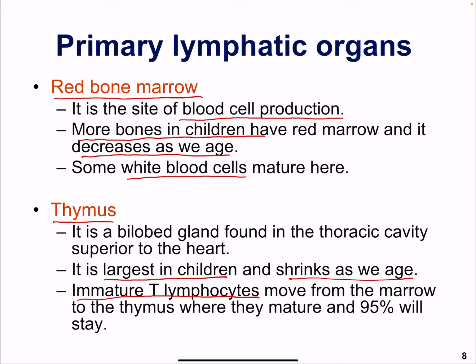After they've learned that job, about 95% of these T cells are going to stay in the thymus. The reason being that we don't want to release a large amount of T cells in circulation in the blood. They can go there and start causing issues. So we're only going to release these T cells only as needed.